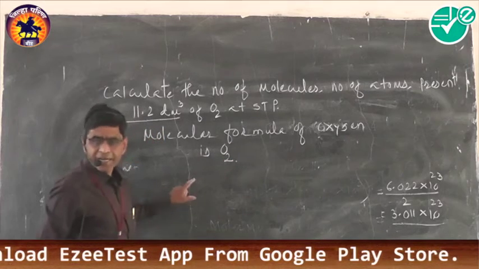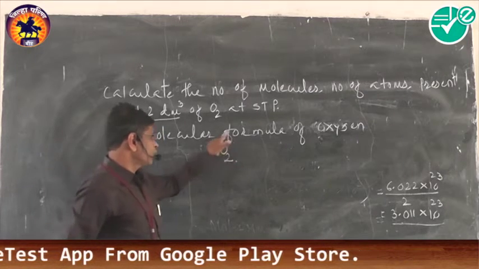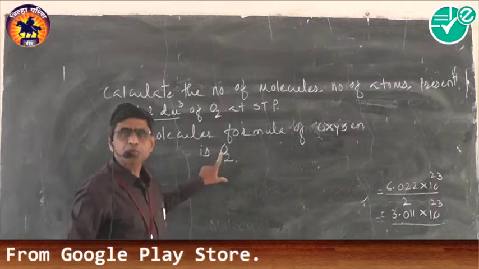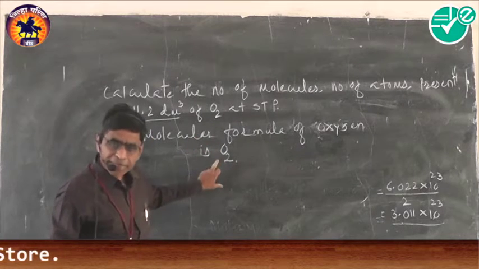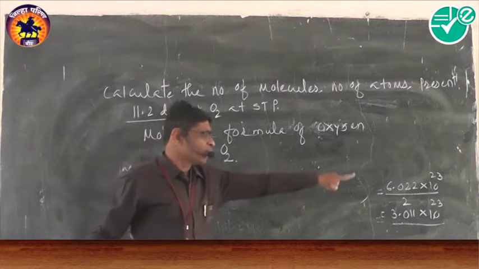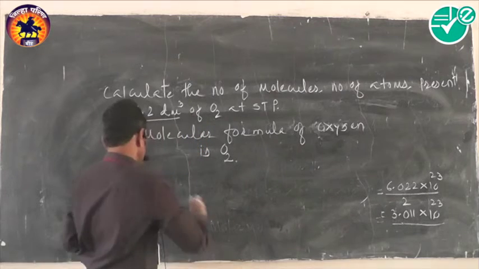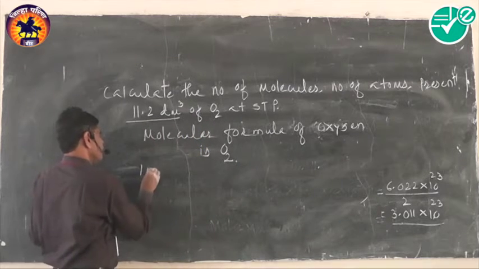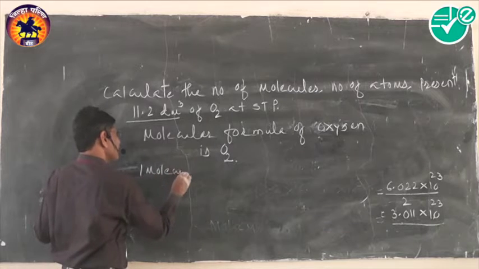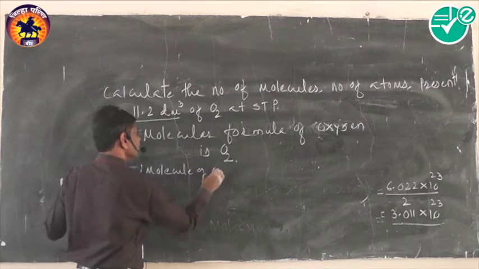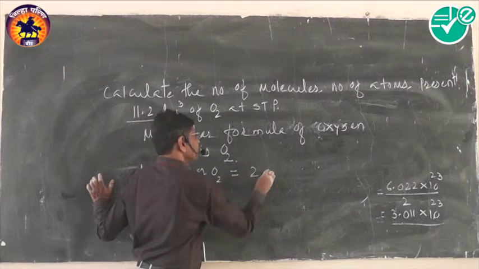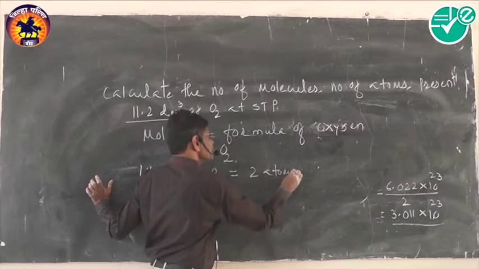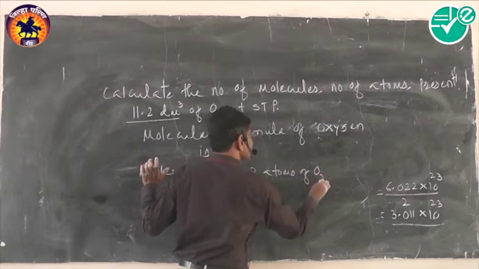Now it indicates that one molecule of oxygen consists of 2 atoms of oxygen. Now one molecule corresponds to 2 atoms, then these number of molecules corresponds to how much? And thus remember, one molecule of oxygen is equal to 2 atoms of oxygen.